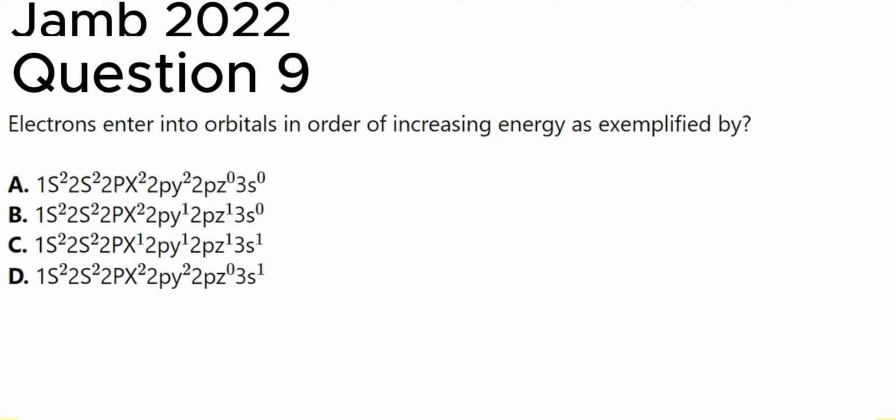Question number 9. Electrons enter into orbitals in order of increasing energy as exemplified by which option? When you have increasing energy, we should be talking about what is called the Aufbau principle. It's one of the principles used in writing electrons in an orbital.